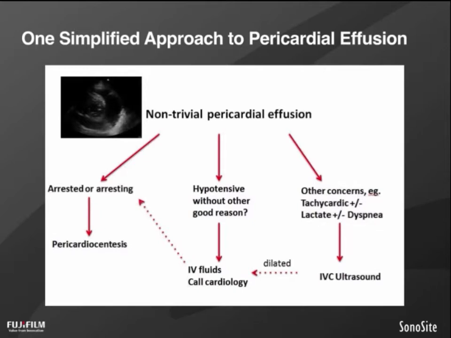If, however, you have a patient who has a dilated IVC and a non-trivial effusion, it's possible they have tamponade, and at most centers that might be worth a phone call to your friendly cardiologist to get a second opinion.